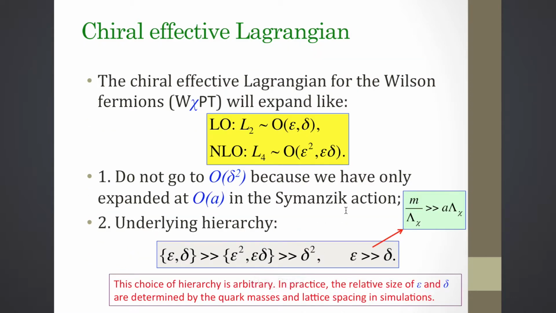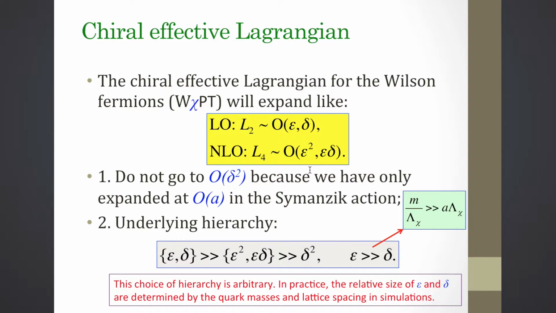In this way, the leading order Lagrangian in the WChPT is of the order of epsilon and delta, that is of order m and a, while the next leading order is of the order of epsilon squared and epsilon times delta.